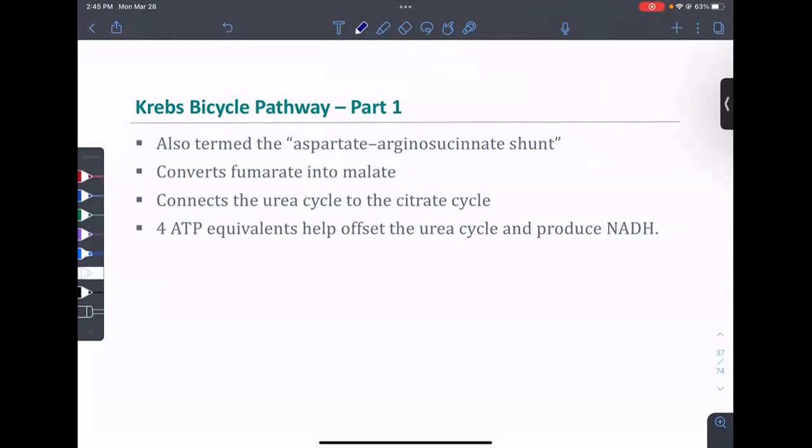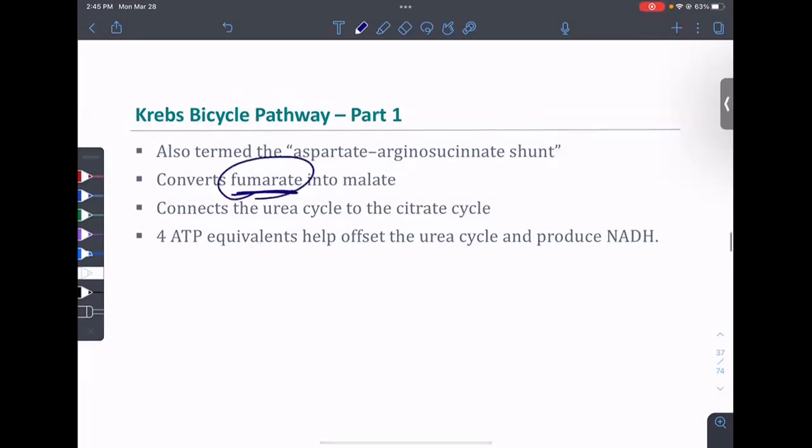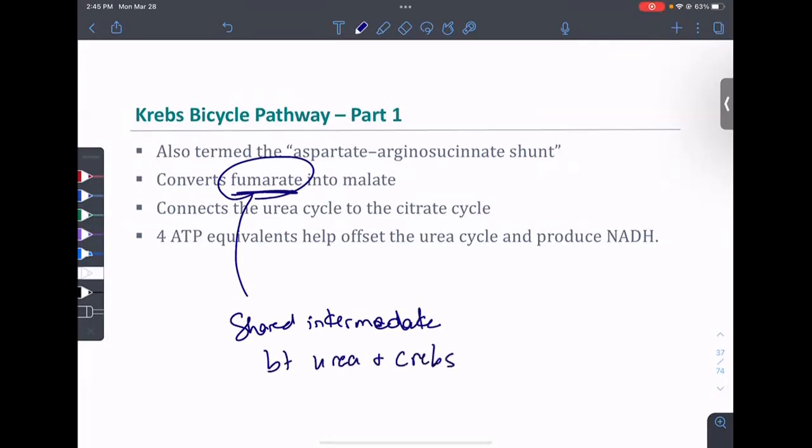So the urea cycle and the citrate cycle are actually metabolically linked through fumarate. Fumarate is really, really important because it's a shared intermediate between the urea cycle and Krebs.